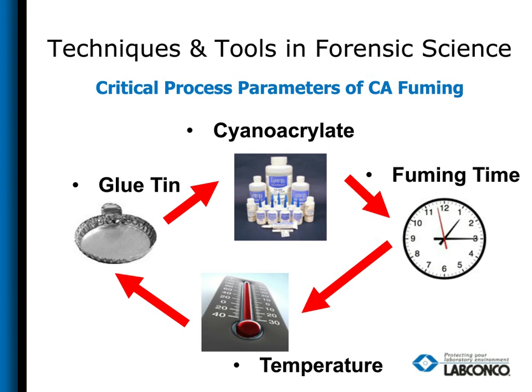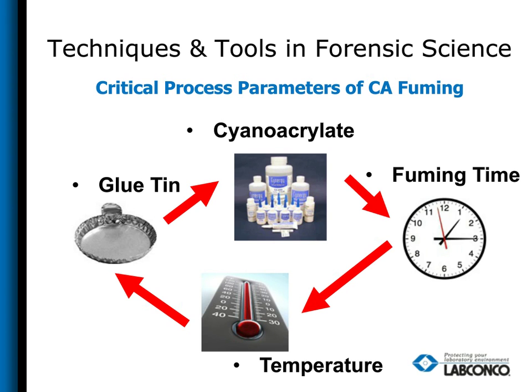This process, I'd equate to manual photography. If you're familiar with manual photography, if you take away some time and make a larger aperture, you'll still have the same picture because the same amount of light is moving through, just in a different amount of time. With CA fuming, you have the same issues going on.